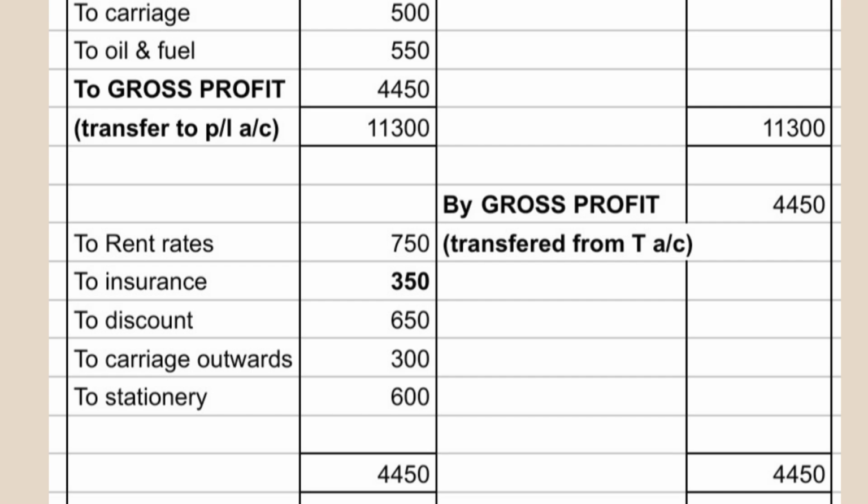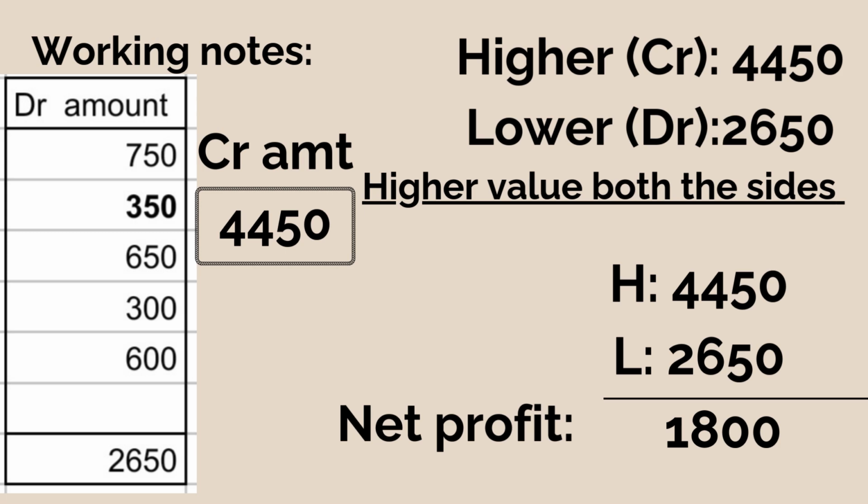To rent rate 750, to insurance 350, to discount 650, to carriage outwards 300, to stationery 600. Now let's calculate. Do the debit total and credit total. Debit total we got 2650 rupees, where credit total is a single amount.